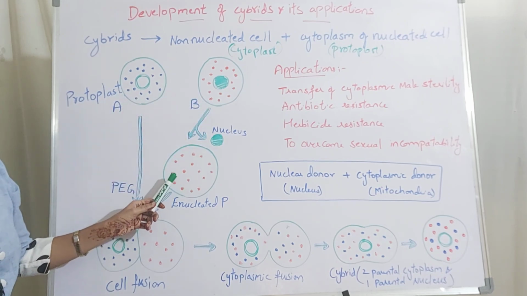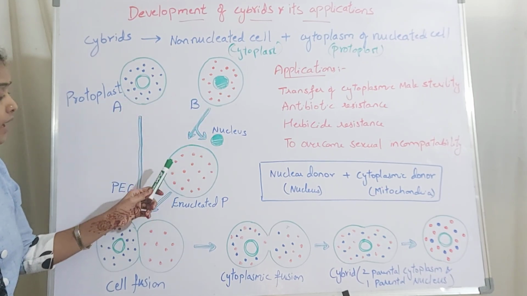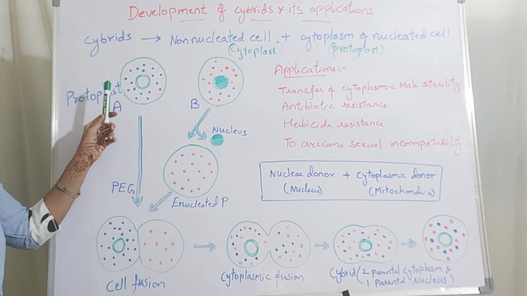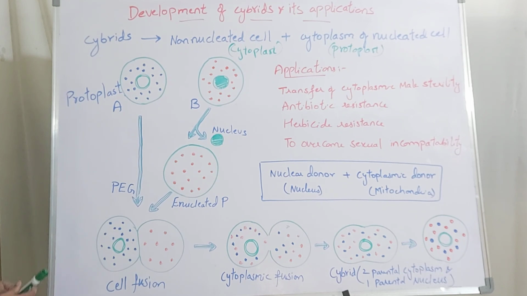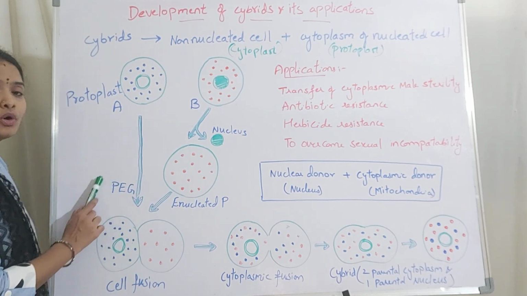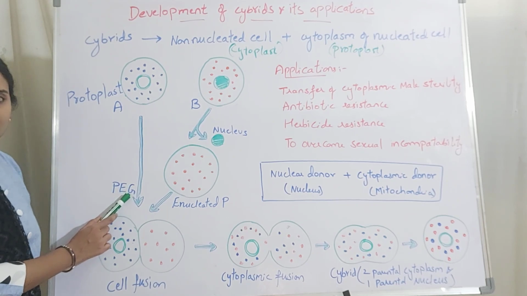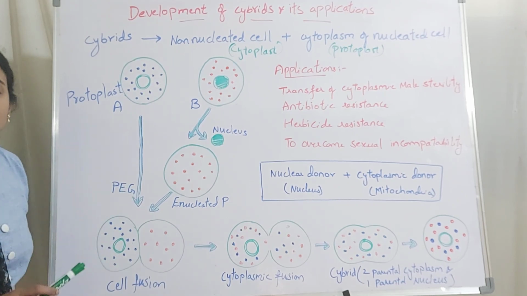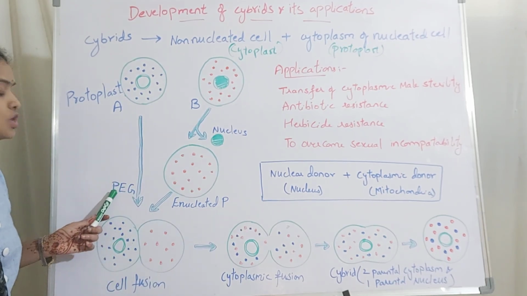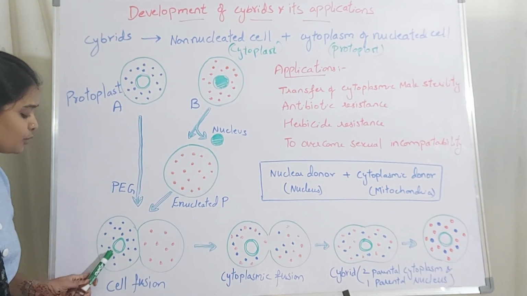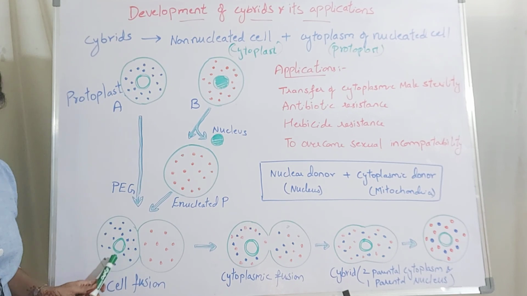Then you are going to enucleate the B cells. Then add all your enucleated B cells and the protoplast A cells, right? And then you pour a sufficient amount of polyethylene glycol and incubate them. When you incubate them, this fusogen, or fusion-causing agent, will allow your protoplasts to get fused, right?